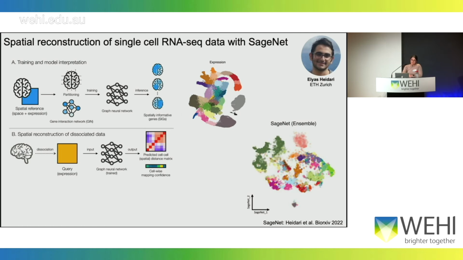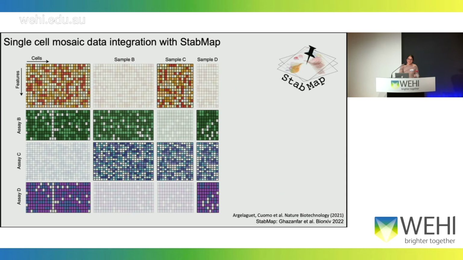Now, another aspect that I think is becoming a little bit more clear as we have spatial genomics, single-cell multi-omics, spatial multi-omics, and so on, is that when we're performing data integration, more and more we're wanting to perform something that's termed mosaic data integration.